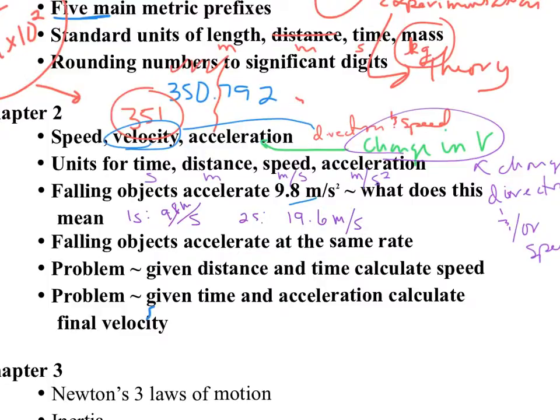In 3 seconds, it'll have a rate of whatever 19.6 plus 9.8 is. Okay? Faster and faster. Assuming that air resistance doesn't give it a terminal velocity. It maxes out. So falling objects accelerate at the same rate.